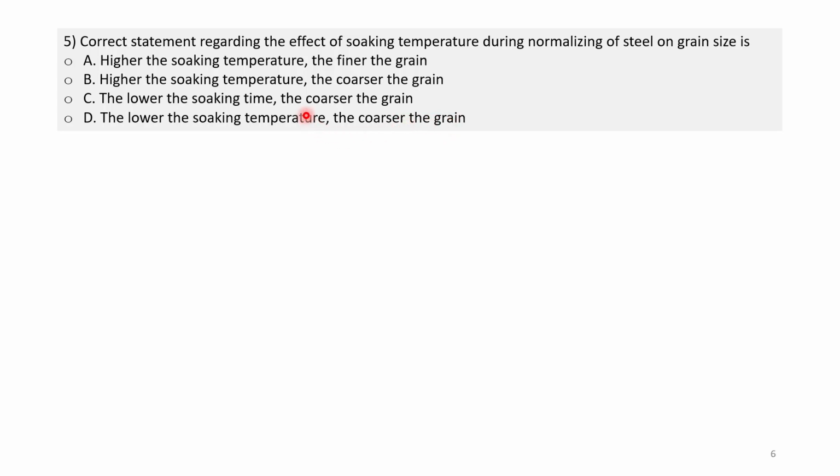As you know, with increasing temperature, you will be having more activation energy for the coarsening of the grains. So higher the soaking temperature, coarser the grain will be the correct statement out of all these 4.